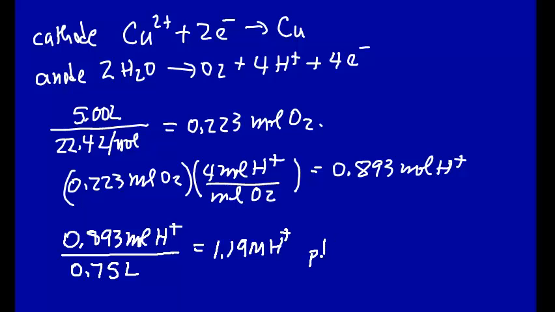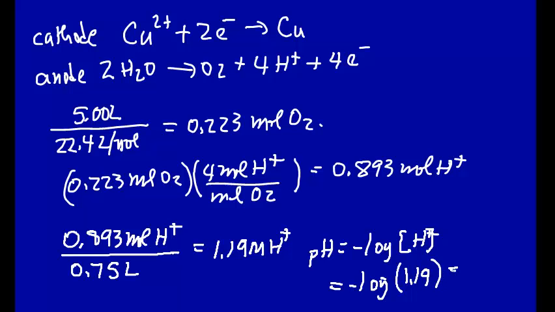And the pH, remember, is minus log of the hydrogen ion concentration in molar. So this would be minus log of 1.19. So the pH comes out to be 7.57 times 10 to the minus 2.